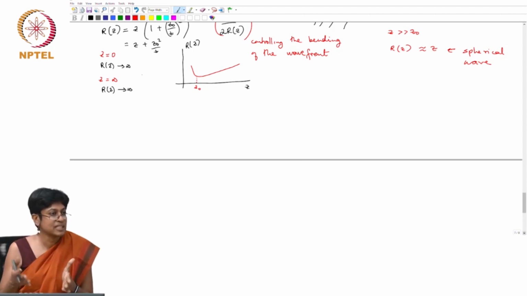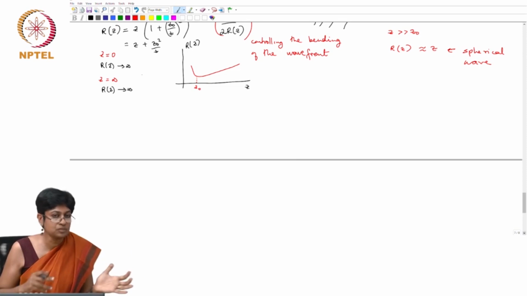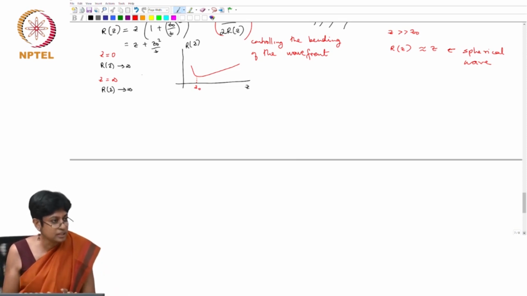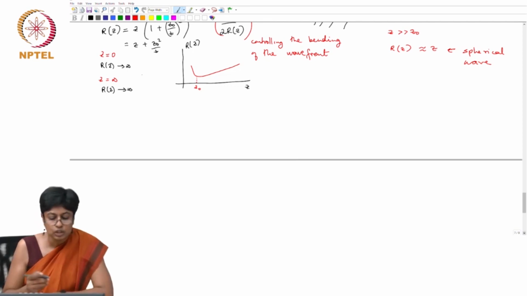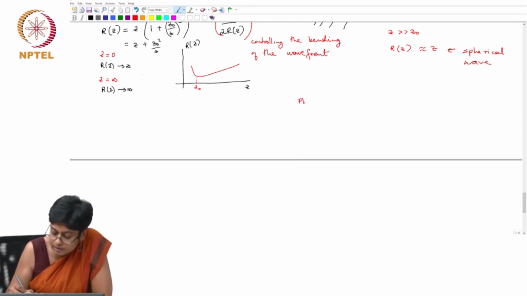What zeta of z is telling us is that as the wave travels, it is acquiring a phase delay compared to a plane wave. And actually, the phase delay as a Gaussian wave travels from minus infinity to plus infinity is a full pi radians. Okay? So you can plot that phase delay.